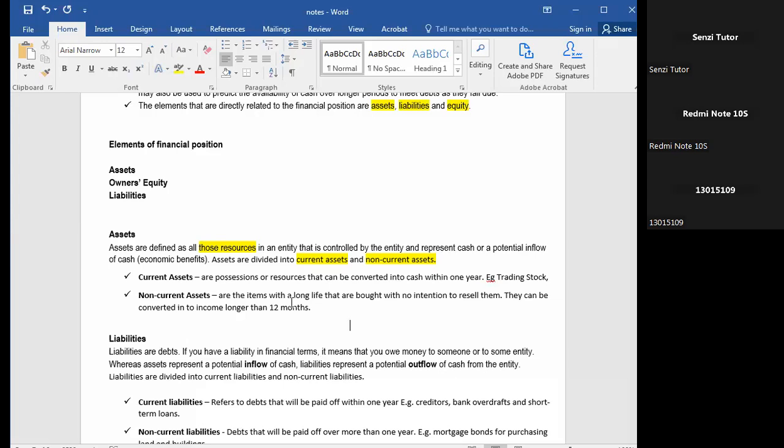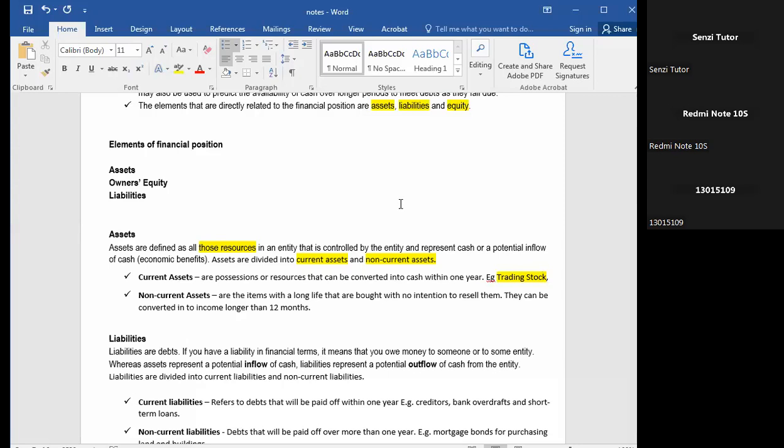Those goods are called trading stock, something we use in our business in order to get a profit. So it is possible for us to sell all the stock we bought from our suppliers to our customers within 1 year.